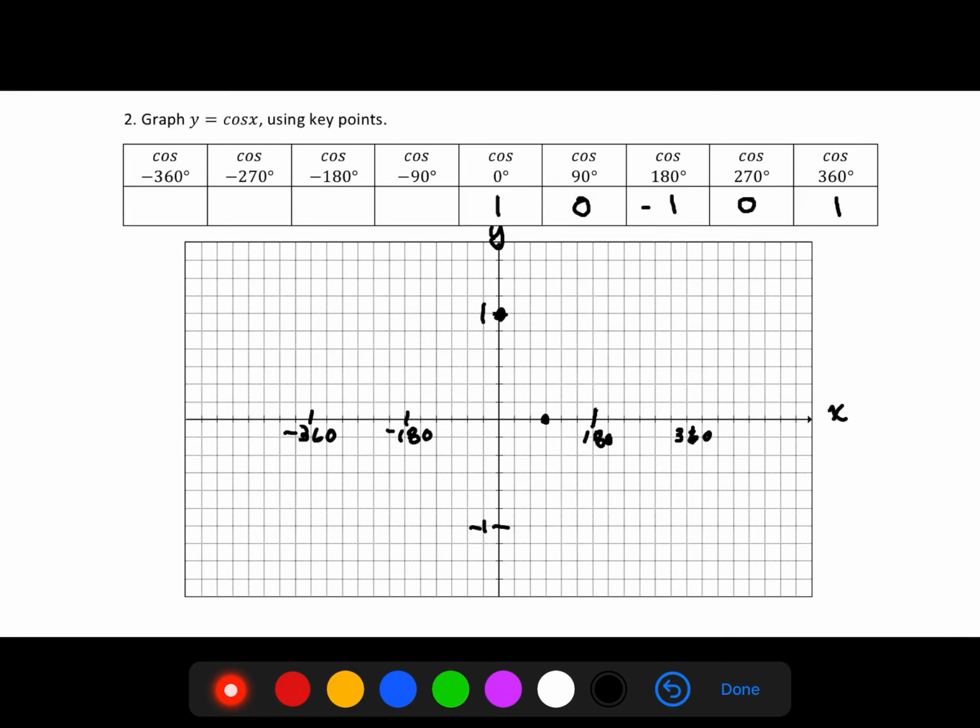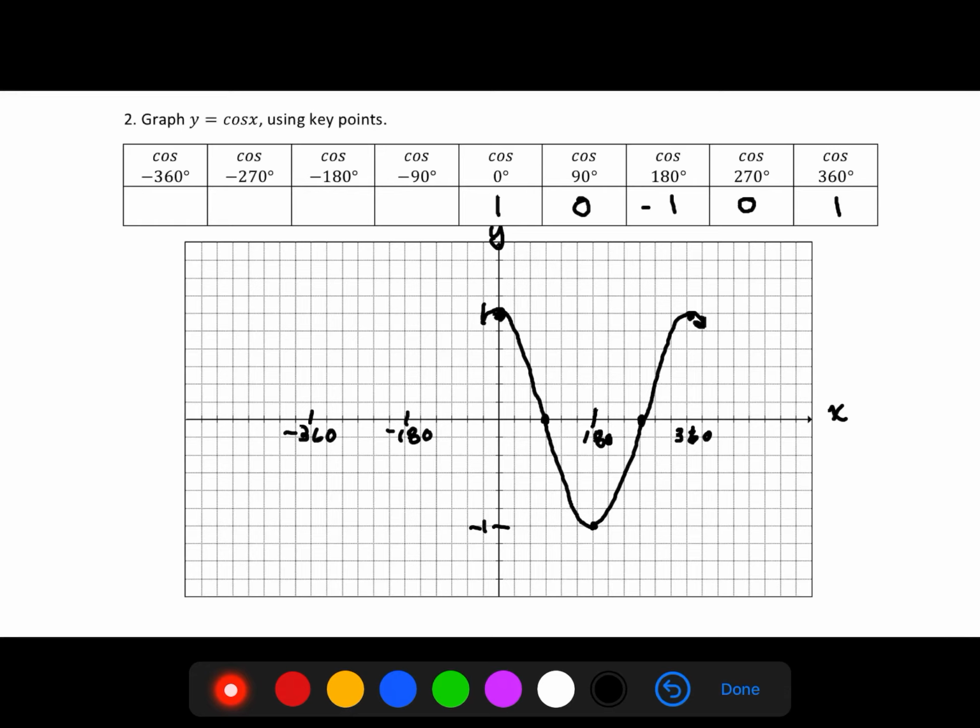At 90 degrees, we're at 0. 180 is -1. Back to 0, and back up to 1. So we have our cycle in the positive values for our angle.